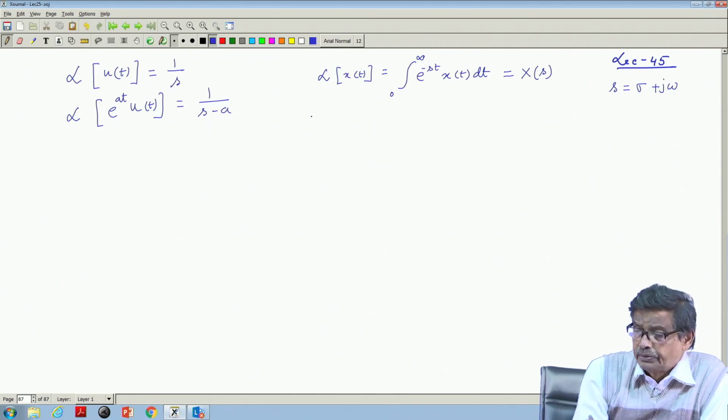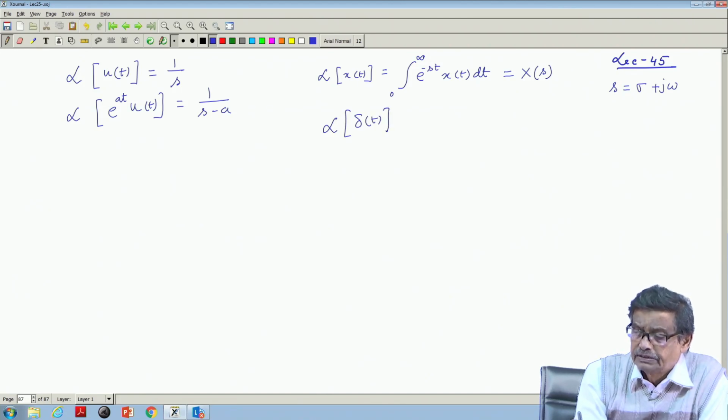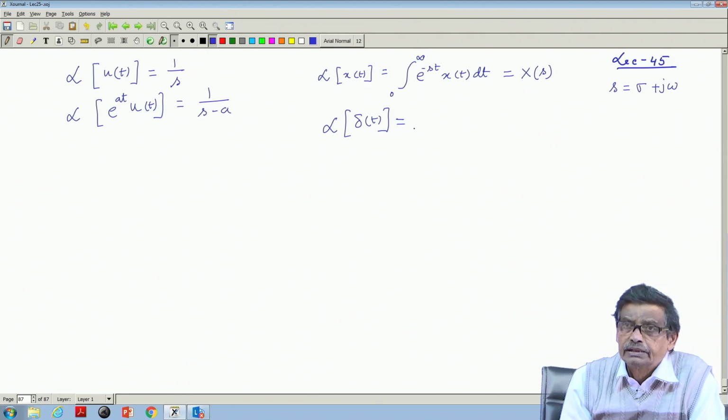First, let us today find the Laplace transform of another function, which is delta(t), the unit impulse function. It is very simple, but the only thing is that the delta(t) function exists between 0 minus and 0 plus.